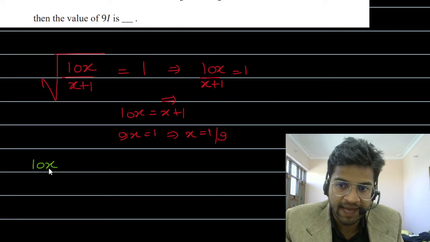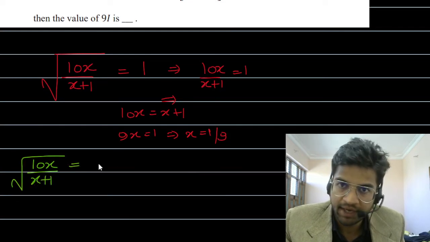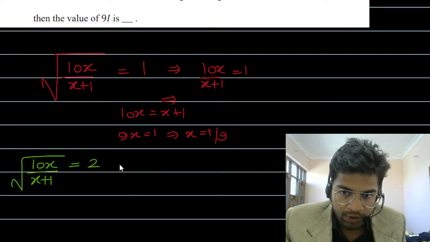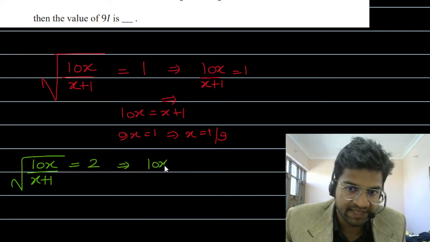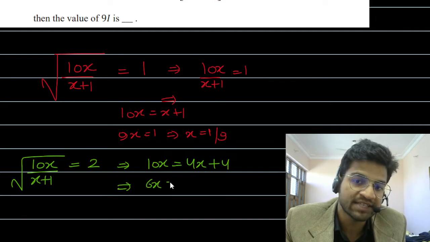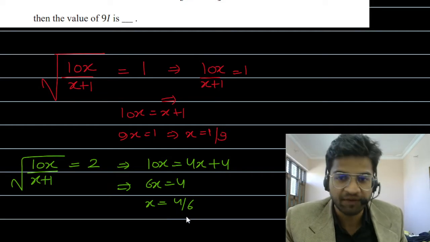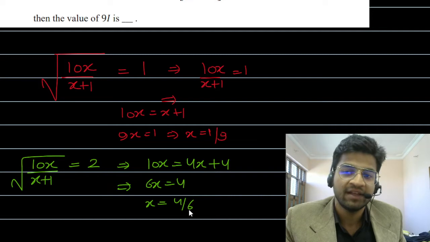So root of 10x by x plus 1 is equal to 2. We will have 10x equal to 4x plus 4, and from this 6x is equal to 4 and x is equal to 4 by 6. Again, it is a very small value, even less than 1.